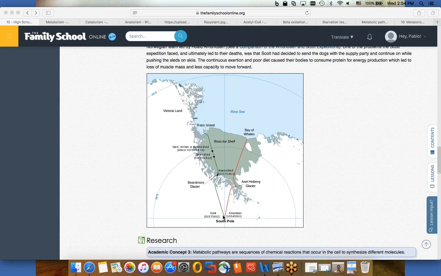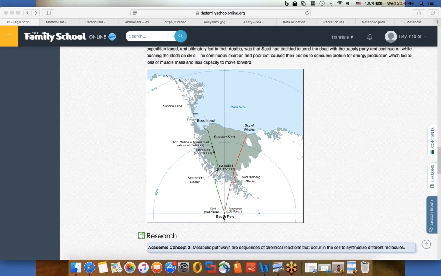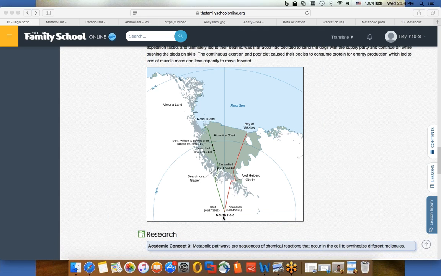But they were really on a very poor diet now, so they didn't have enough energy. Imagine they had to push themselves and their supplies for the trip, and they reached the South Pole on January 17, 33 days after Amundsen. So they lost the race to the South Pole.